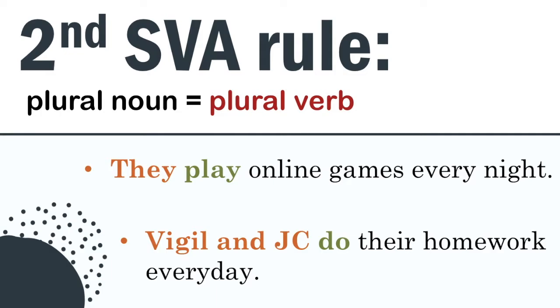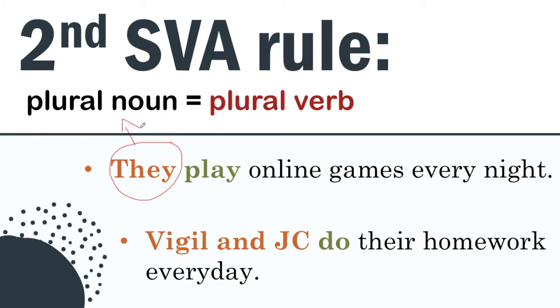Okay? So let's have the first sentence. Again, the one in orange is the subject, and the one in green is the verb. They play online games every night. If you're going to look at the subject, we're talking about they. And when we use they, how many are we talking about? Great. We're talking about more than one.